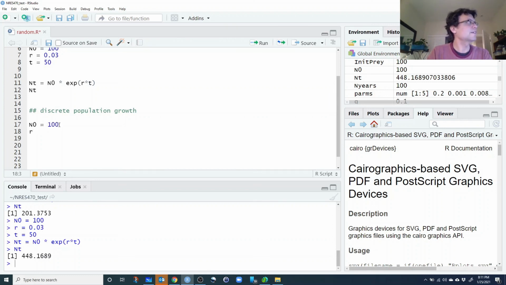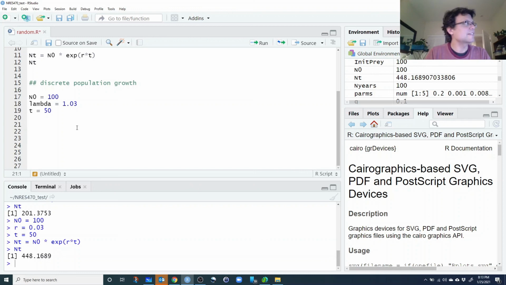Lambda is what we really need. Lambda is equal to, and I'll just say 1.03, which is analogous to the growth rate we have up here. This little r of 0.03 represents a 3% growth per year, and this lambda, 1.03, if you multiply a population by 1.03, you basically have 3% growth. So lambda is 1.03, and t is equal to 50.